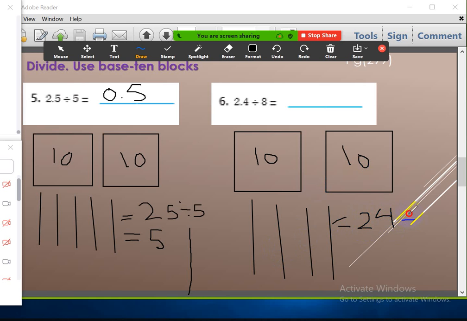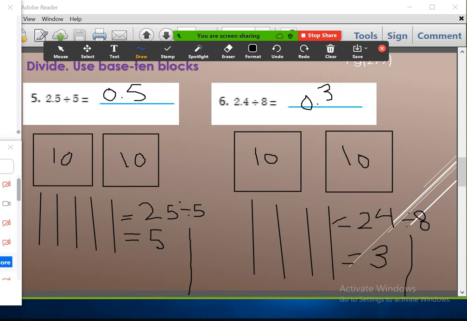I want to divide it on 8. 24 divided 8 equals what? 3. 3 longs. So the answer will be what? 0.3. Very good. Thank you.